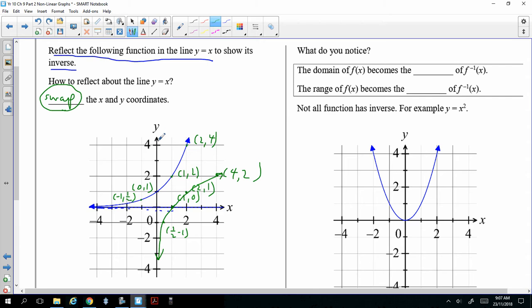So things get swapped. And so basically you will realize very quickly this is y equals 2 to the power x. And for some of you who are interested, some of you may realize if you learned that before, or maybe you've seen it somewhere, and we're going to do that as the next topic, this is the log base 2 graph. Okay, you learn about log in the next topic.